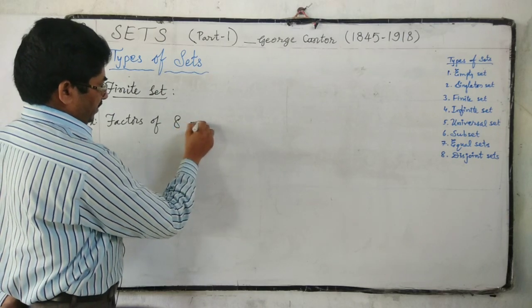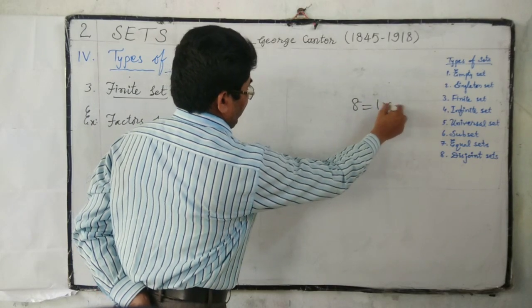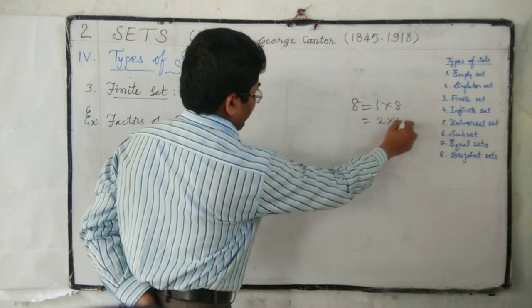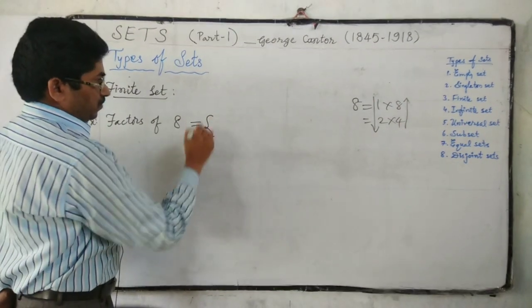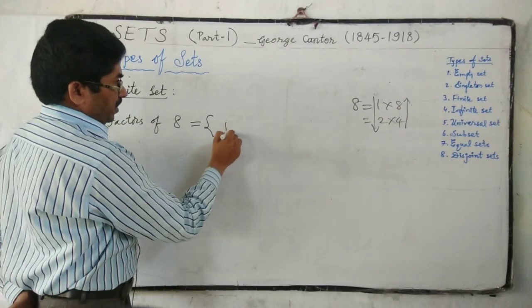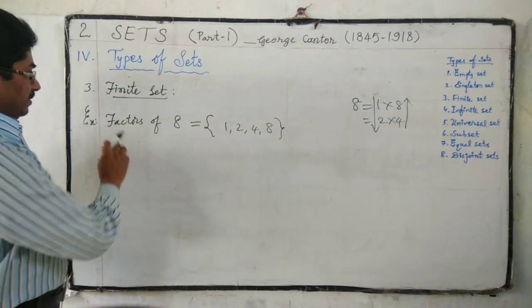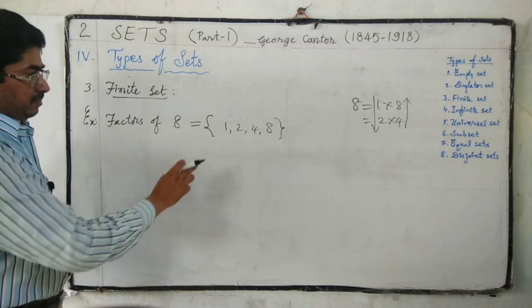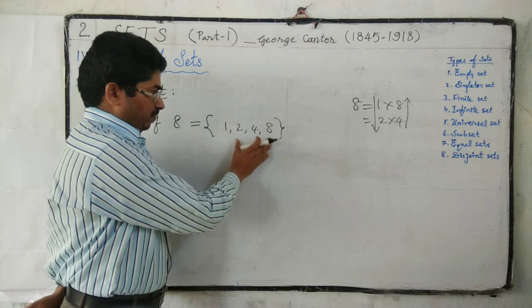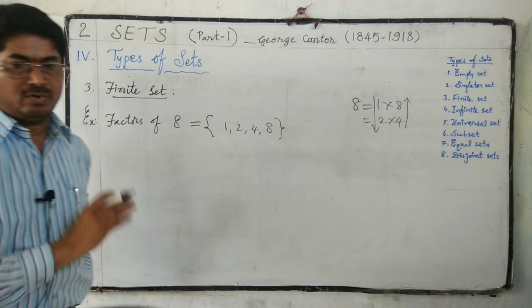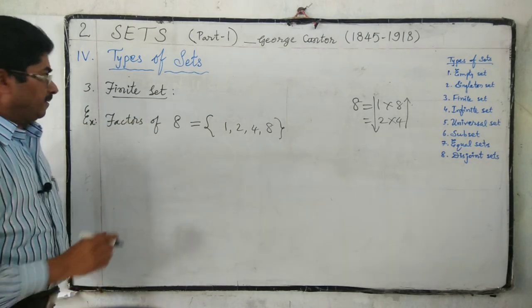Factors of 8 are 1, 2, 4, 8. We can count. There are only 4 factors. So this set is called a finite set.